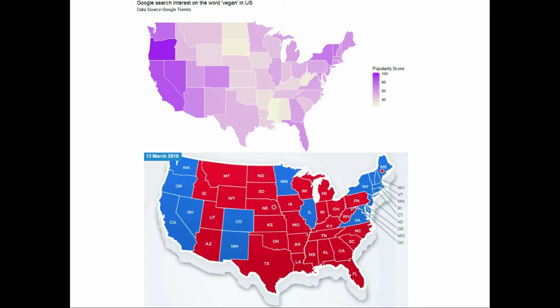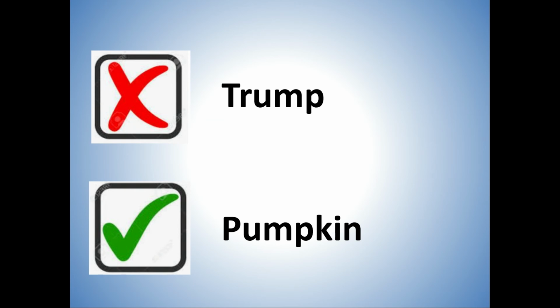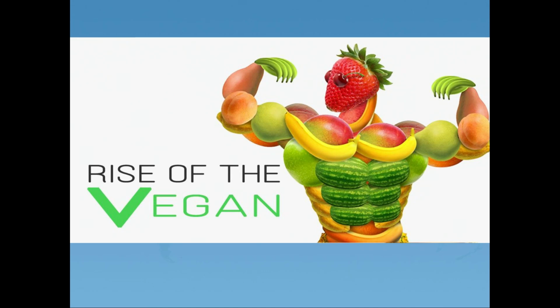And if you put my two maps together, there's a high positive correlation between the people with high vegan interests and the Democrats. So the only conclusion that we have come to is that people with high vegan interests are Democrats. They'll probably choose a pumpkin over Trump. And if that's the case, let the vegans rise.